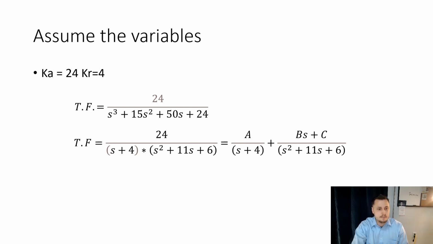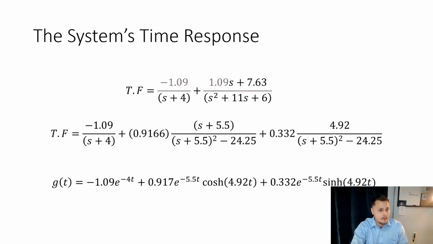I chose these numbers so that I at least have one whole number to work with for the roots with the S plus 4. Without getting into too much detail on the calculation, after finding common denominators and equating the sides of the second functions shown here, I was able to find values of A, B, and C, which allowed me to put the function in a format where I can take the inverse Laplace transform and get the time response of the system, shown here as G of t.